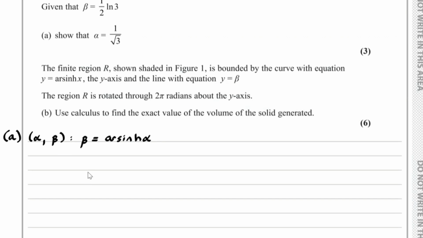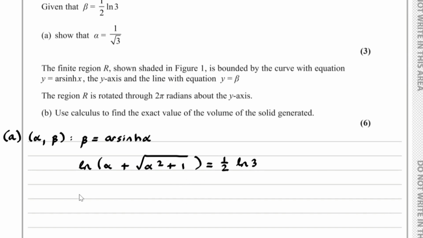And so we have the natural log of alpha plus the square root of alpha squared plus 1 equals beta. Now we know what beta is. That's 1/2 times the natural log of 3.